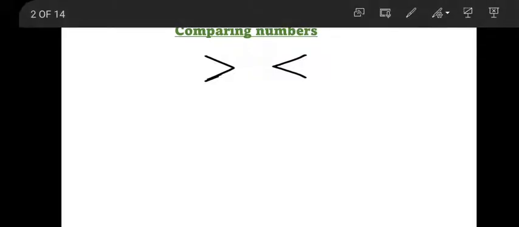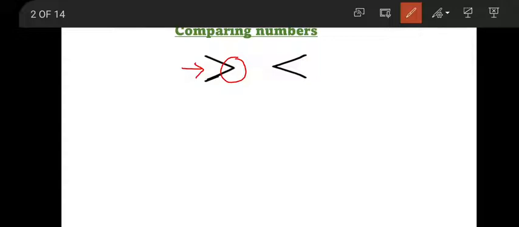Before we start, we'll compare some numbers. Can you recognize this symbol? Yes, it is used to show the greater and smaller number. Let us understand this symbol first. Here, this side is the face side and this side is the tail side.